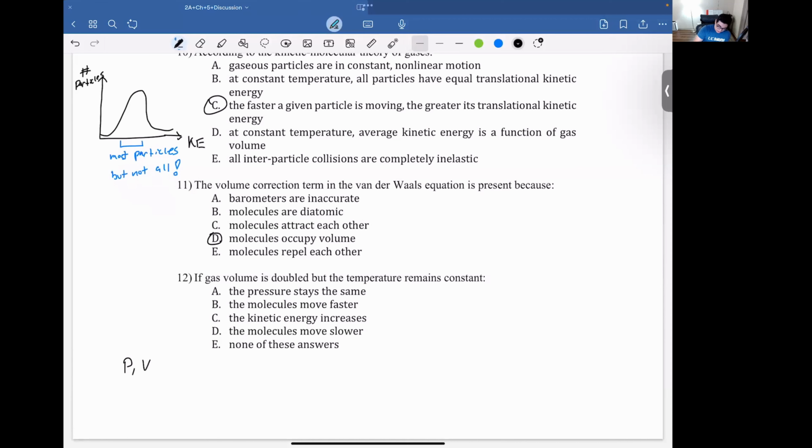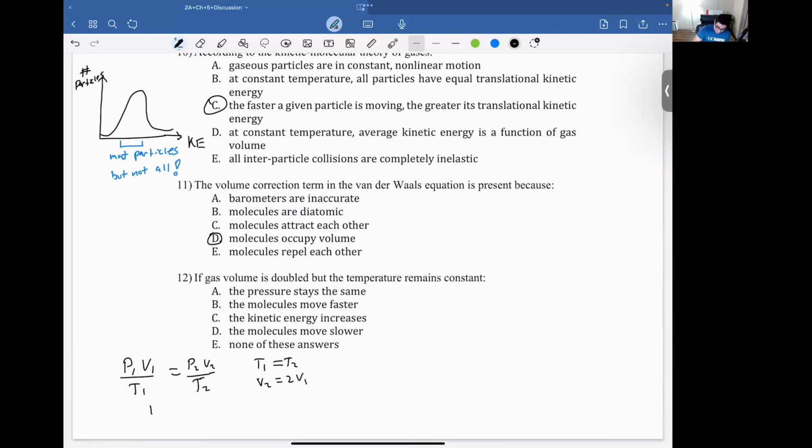we can use Charles' law and compare the final pressure and initial pressure. It says the volume is doubled but the temperature is constant. So T1 is equal to T2, and V2 is equal to twice V1.